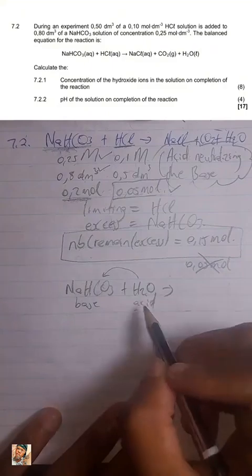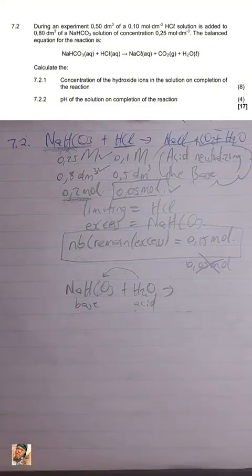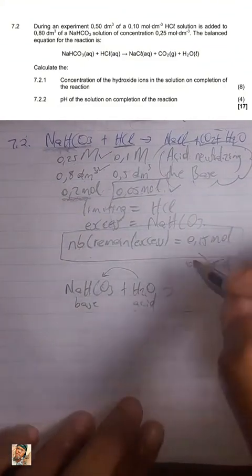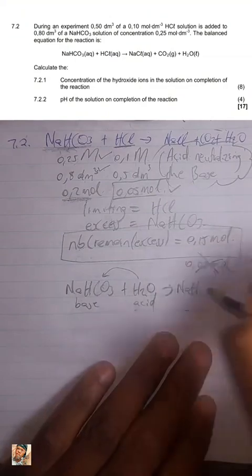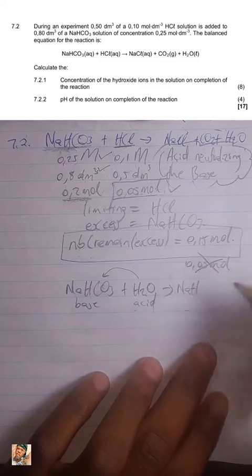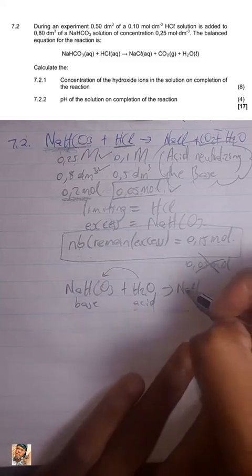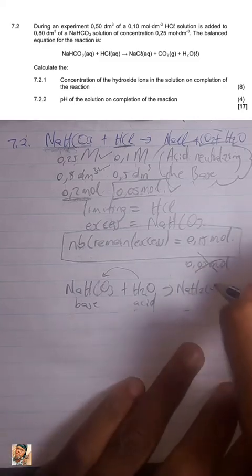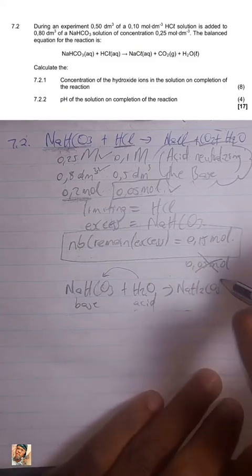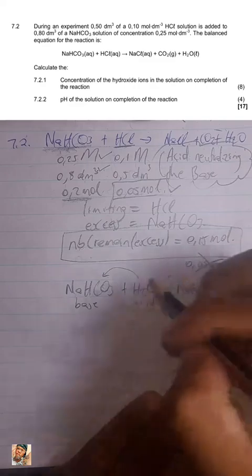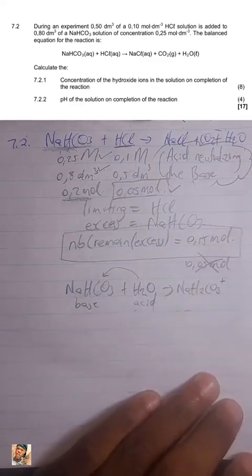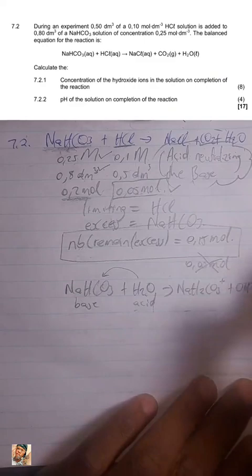So that means the acid, which is the water, has to donate the proton. So we're going to have sodium hydrogen carbonate, it's going to be H2, right? So it's going to be NaH2CO3 plus, and then we're going to have plus OH minus.